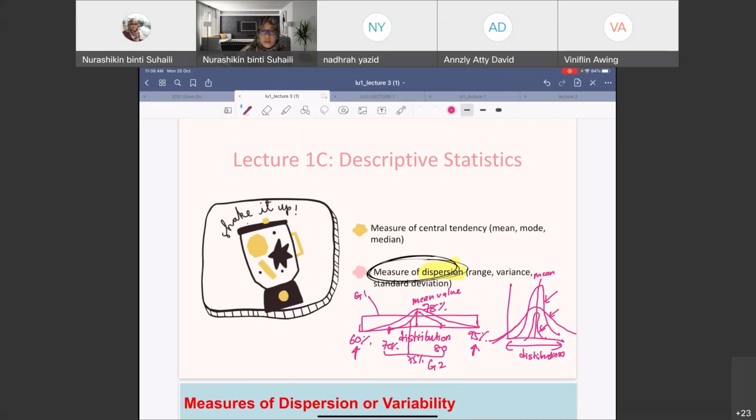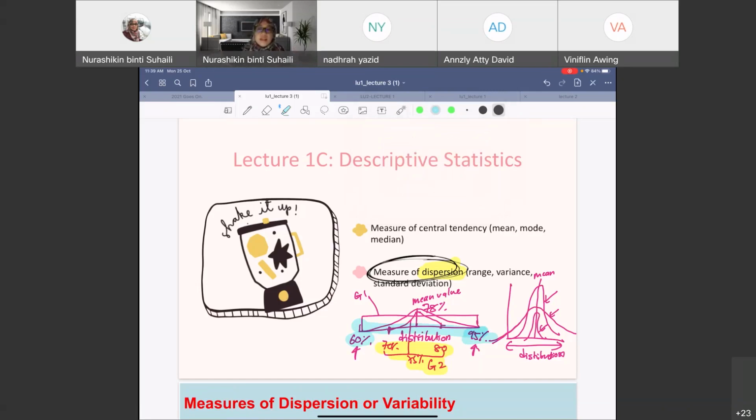So the range will determine the dispersion. Here, the dispersion is very narrow. It's only between 70 to 80. All the students got marks between 70 and 80. But in group 3, it's from 60 to 95. That means it is much more spread in terms of the distribution, right?